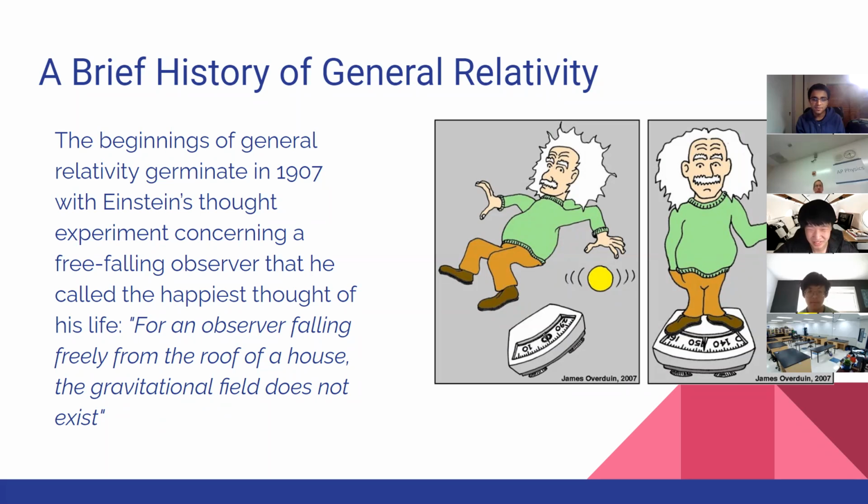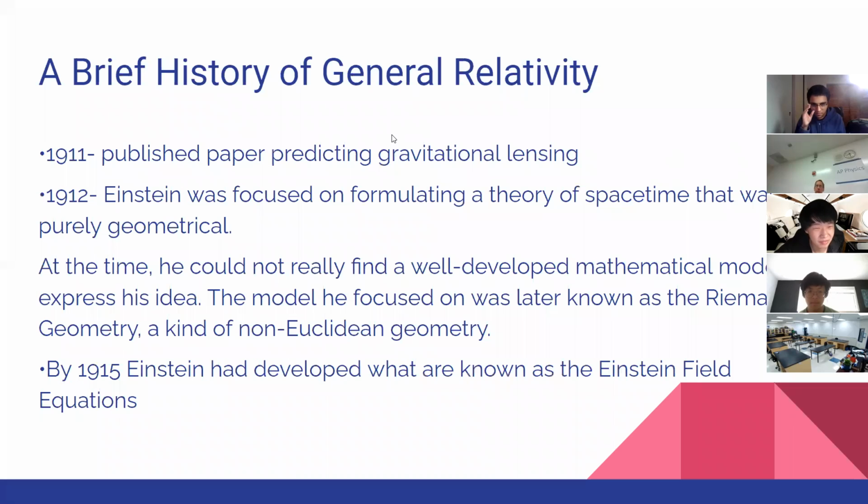It's actually really interesting. Can you go to the next slide? So in 1911, he published a paper predicting gravitational lensing, which we will talk about in a few minutes.